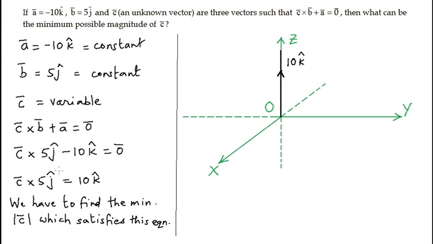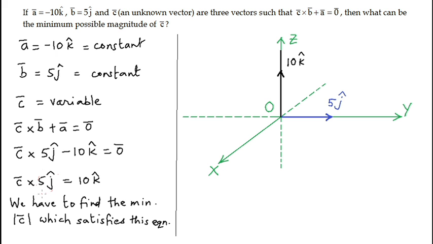The next vector which we will show in the diagram is this vector over here, which is 5j cap, and we know that this vector must point in the positive y direction, and if I start it at the origin, then I get a vector as follows, this particular vector, and I will name it 5 times j cap.